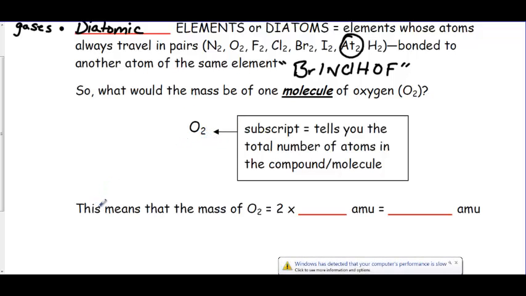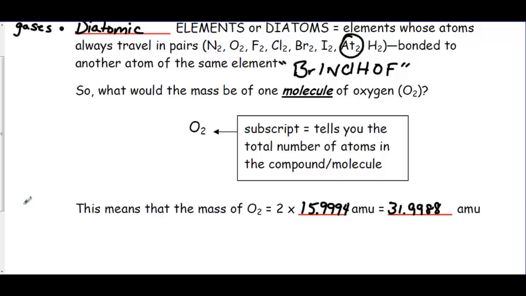And so this will mean that the mass of O2 is going to be 2 times 15.9994 AMUs. If we take out our calculators and do this, we have 15.9994. Sorry guys, I'm doing this as we go. Multiply that by 2, and you will calculate 31.998 AMUs.